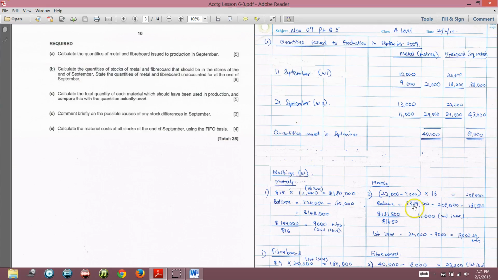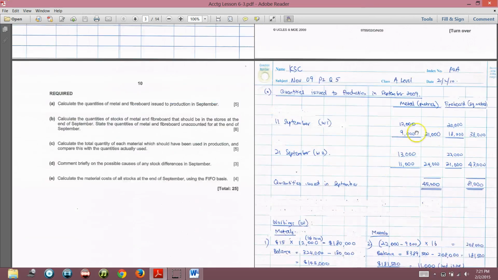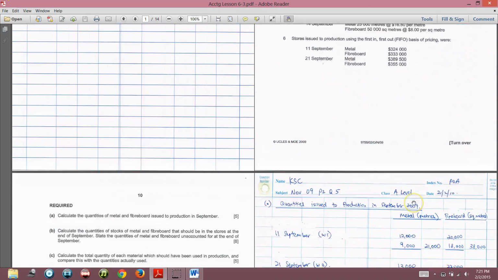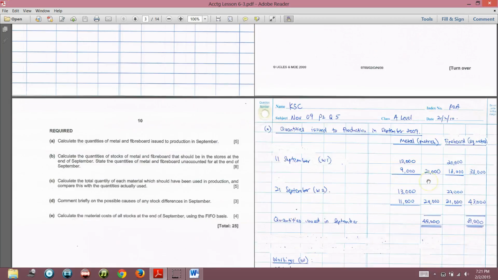So the balance cost will be 389,500, which is according to note 6 of the question, minus this 208,000, which will give you 181,500. This 181,500 will be issued to production based on the next incoming purchase, which cost $16.50.